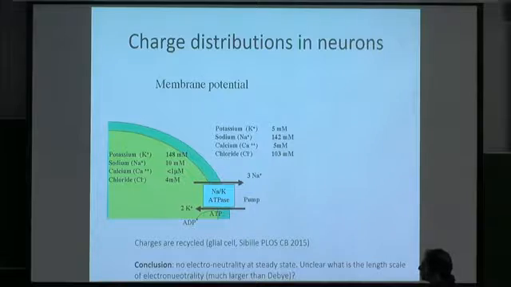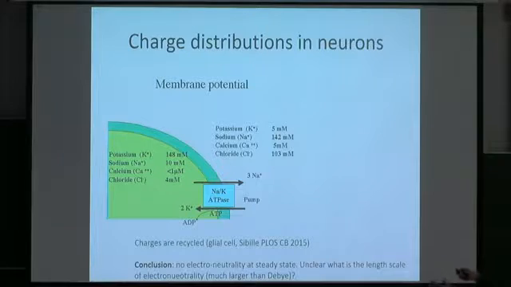So for this, let's try to add some kind of electrical component which is very different from electrical circuits, where the electricity is carried by moving ions.